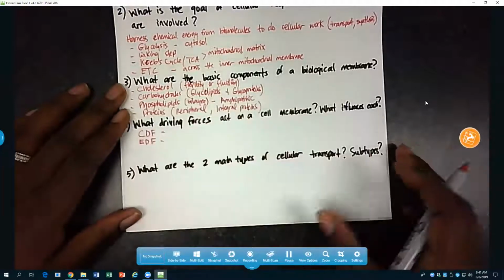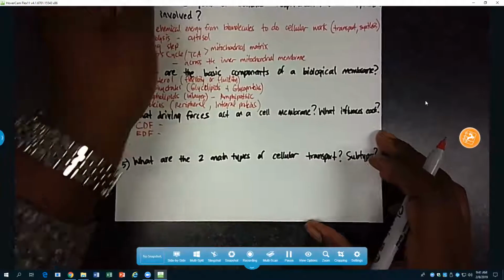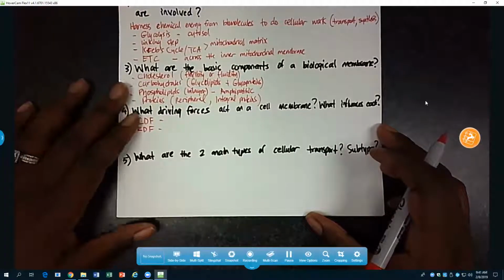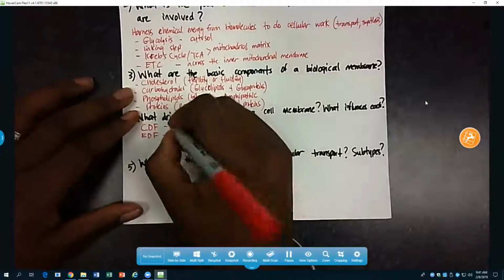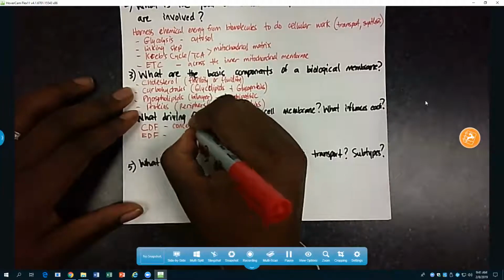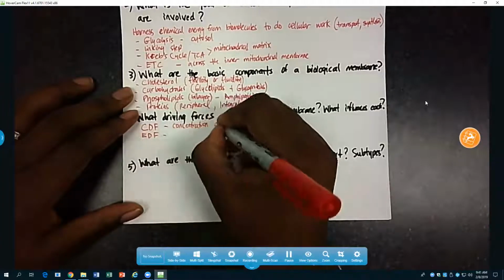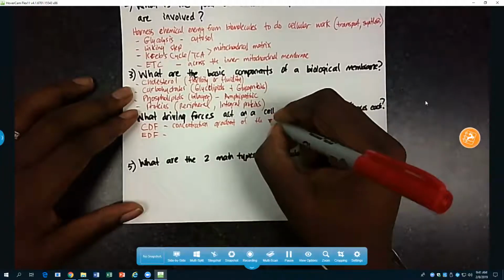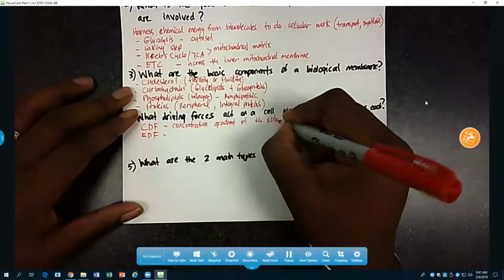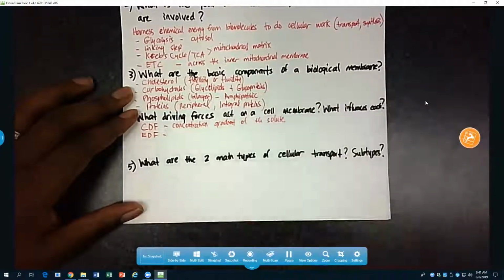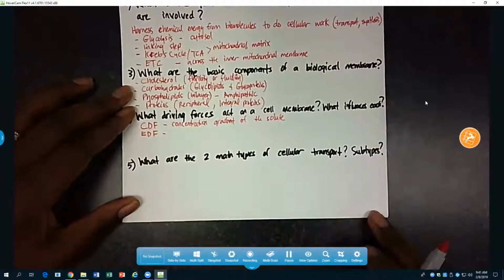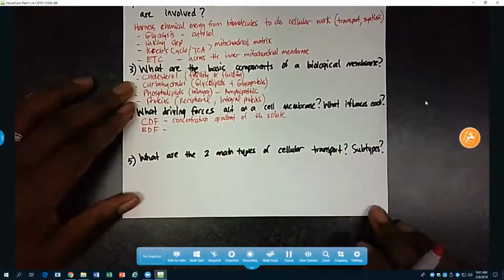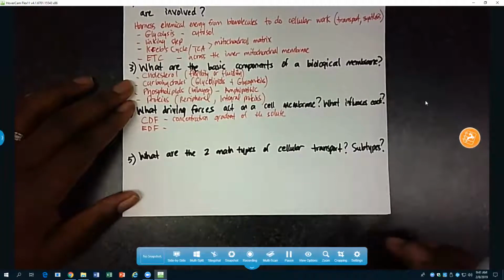And what influenced the chemical driving force? The concentration gradient. So the concentration gradient of the solute or particle in question. Okay. What about the electrical driving force? What influenced the charge, right?